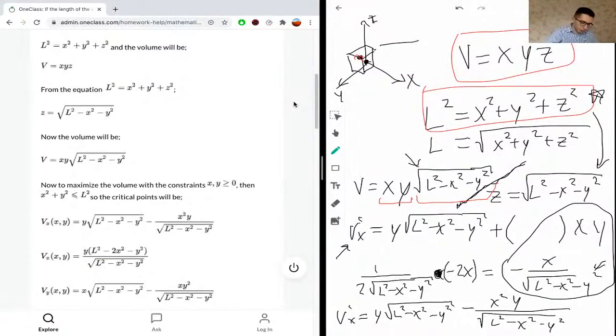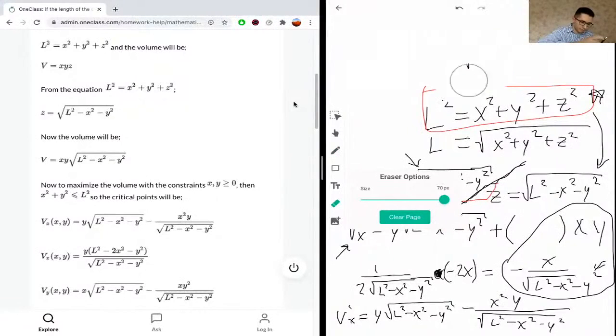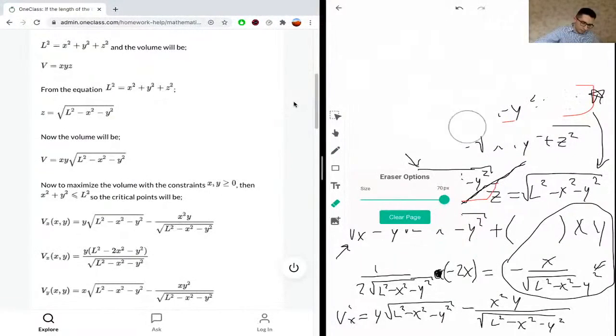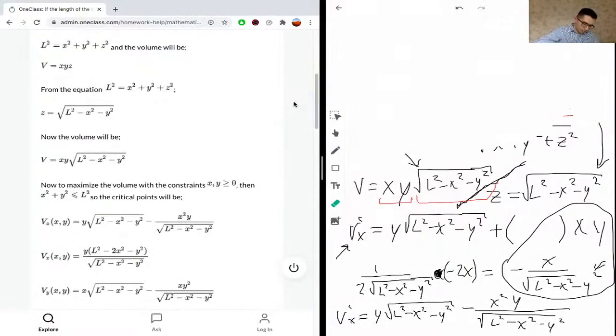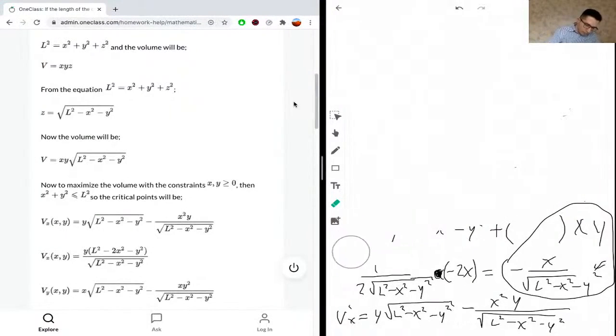We've cleaned it up, so let's erase the top here to continue with the solution. We'll leave the equation on the bottom because we'll need it for later.